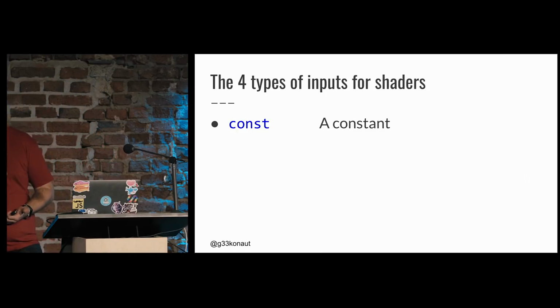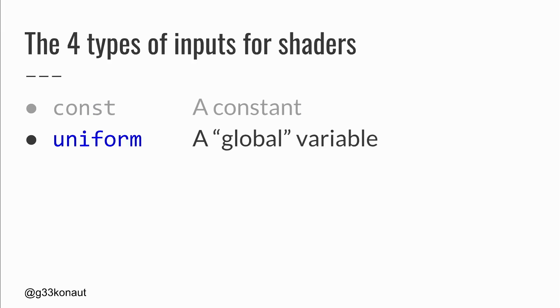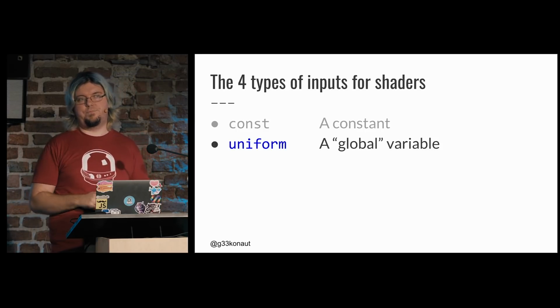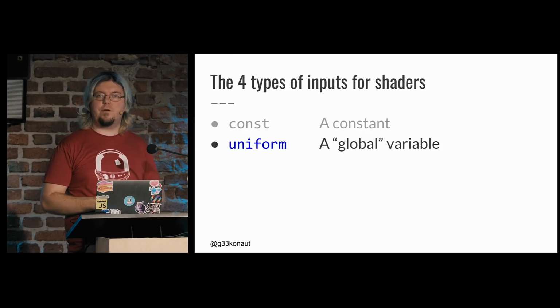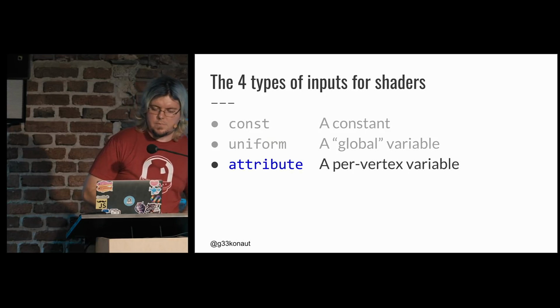Well, we have to get some data in. One way of getting data in is to set a constant. It's a bit boring to set a constant because it's not going to change, because it's in the name, it's constant. So let's look at more interesting things. Uniforms, for instance, are global variables that are available to both shaders. We can easily set them from our JavaScript code, and then they change automatically in the shaders that are running. So that's pretty convenient. We can also use attributes.